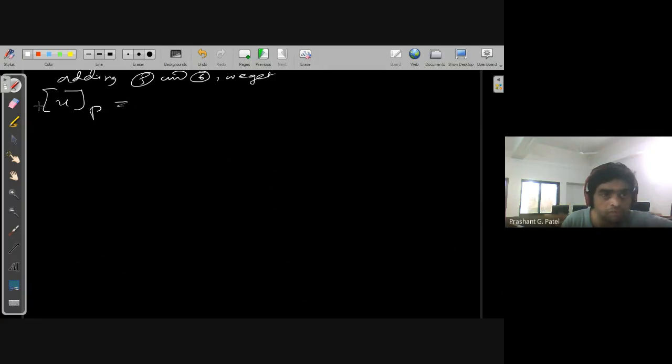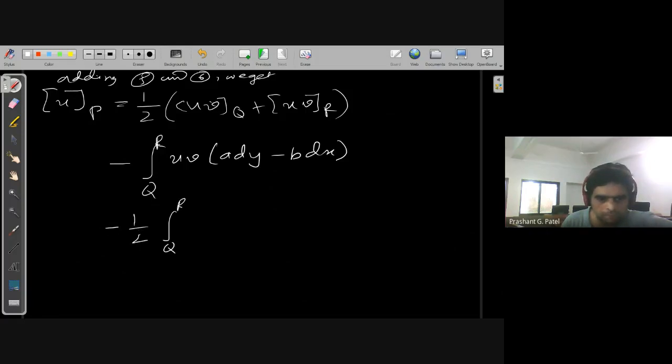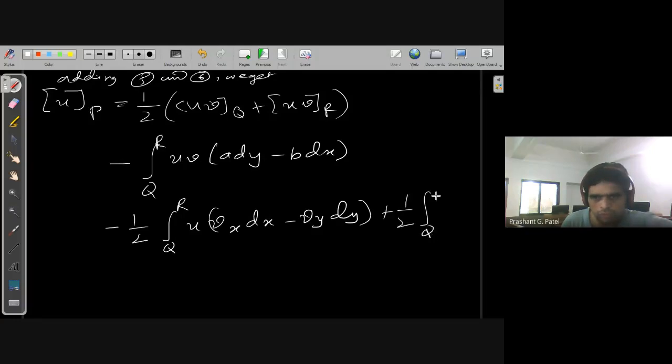It is actually 2 times u at p, but that 2 will be divided here. uv at q plus uv at r, minus 1 by 2 q to r uv at a dy minus b dx, minus 1 by 2 q to r u vx dx minus vy dy, plus 1 by 2 q to r v ux dx minus uy dy, plus double integration over vf dx dy.